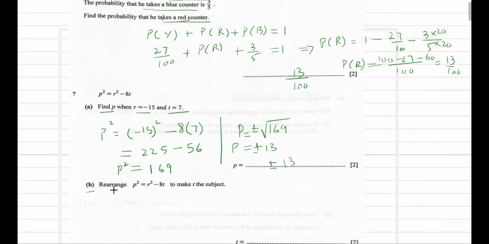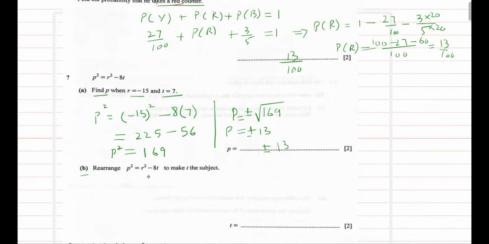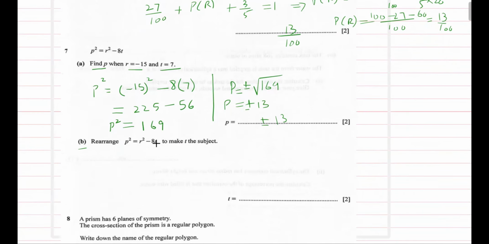Next, rearrange p square equal to r square minus 8t to make t the subject. To make t the subject, we will shift all values from the right side to the left side. This equation becomes p square minus r square equal to minus 8t, and we will divide this equation by minus 8.